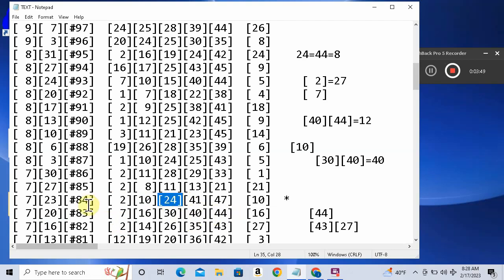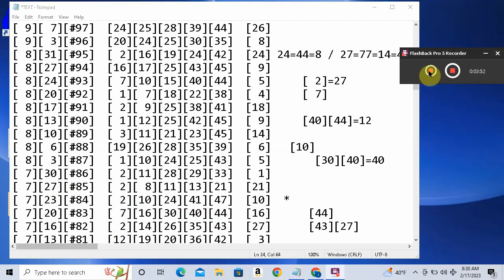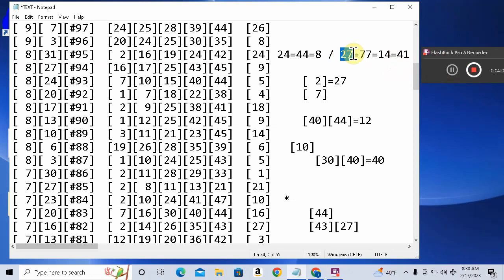And the thing about the 27, let me explain that. I'd like to talk about the number 27. Now the 27 carries the statement 2 7s, which is 7 7 right here, see? And 7 plus 7 is equal to 14. Now the 14 could also represent itself by 41.